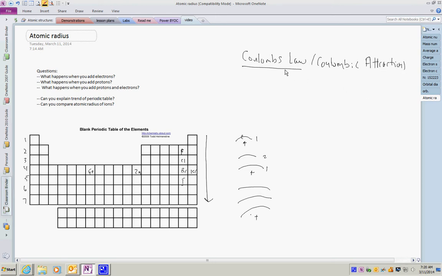Basically all we're saying here is that a positive charge will attract a negative charge based on the magnitude of the positive and the magnitude of the negative divided by the distance squared, which equals the force of attraction between them. There is an equalizing constant, K, which we're never actually going to do calculations with.